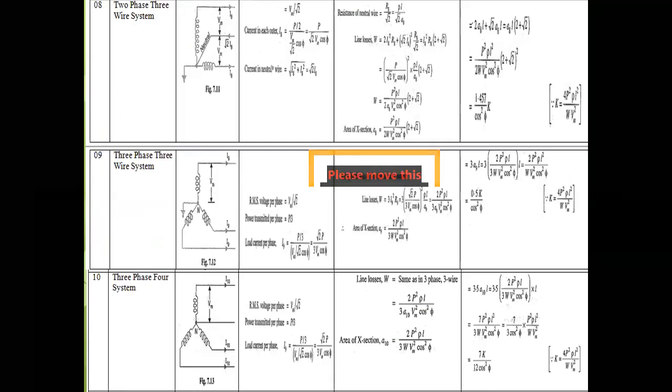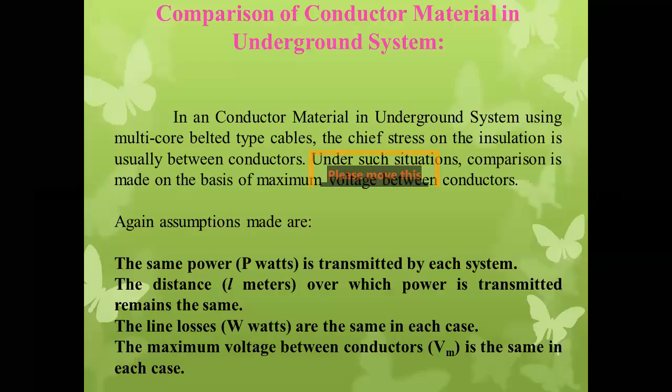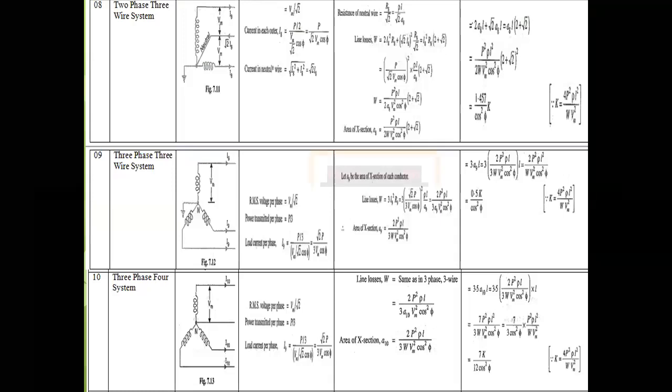Up to the 10th. Next we will see the comparison of conductor material in the underground system. This part is already covered, that's why I'm going fast. The comparison of conductor cost in various overhead AC transmission systems: just put the value of K and cos phi in different cases and compare with the first case.